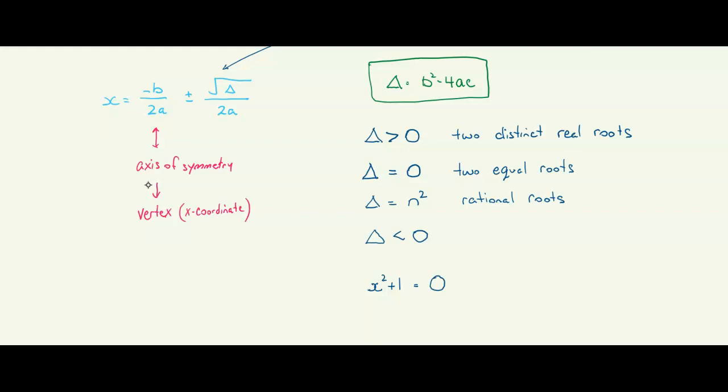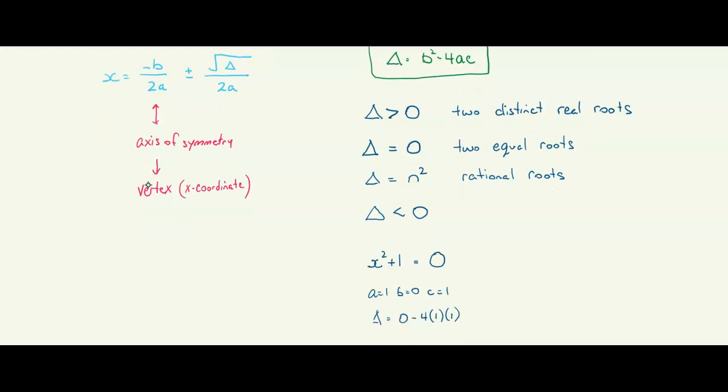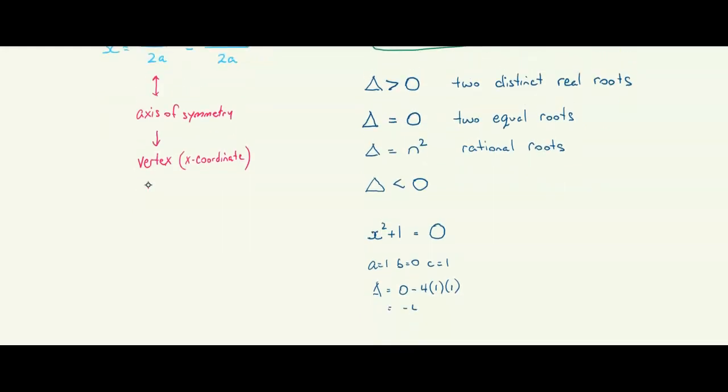If we're looking at the discriminant now, then a is equal to 1, b is equal to 0, c is equal to 1, and my discriminant would be b squared, 0, minus 4ac. So my discriminant here is negative 4.